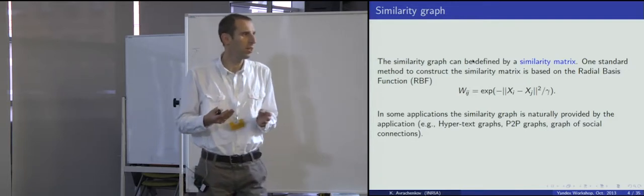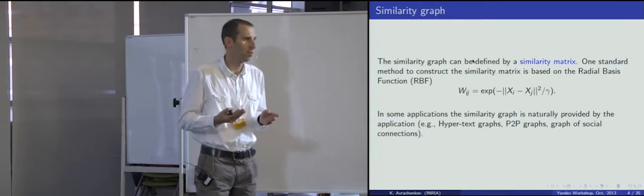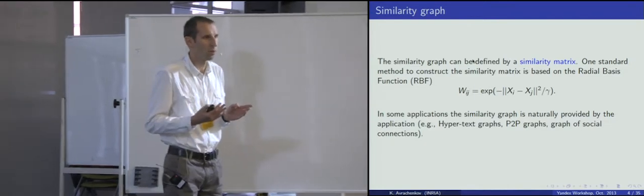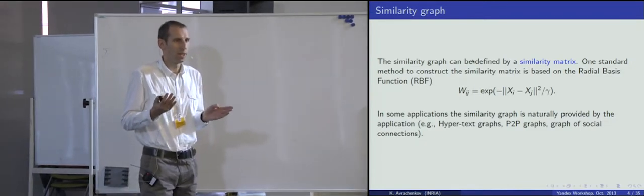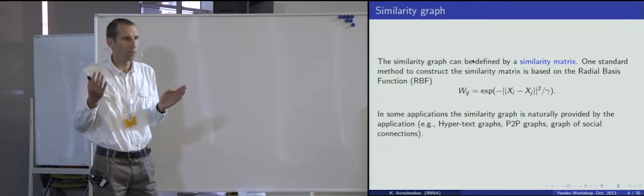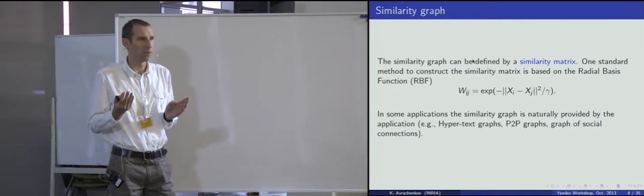However, in some applications, we don't even need to construct such a similarity graph. A graph is given to us. Take an example of Wikipedia. In Wikipedia, if two articles have links between them, typically it indicates that they belong to the same topic.